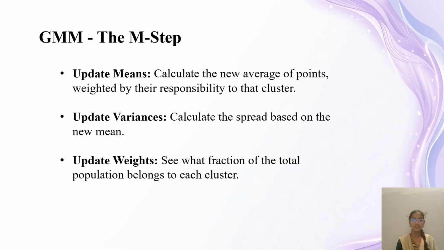And the second step is M step, means update, calculate the new average of points weighted by the responsibility to that cluster. And update variance by calculating the spread based on the new mean. And we can update weights based on what fraction of the total population belongs to each cluster.